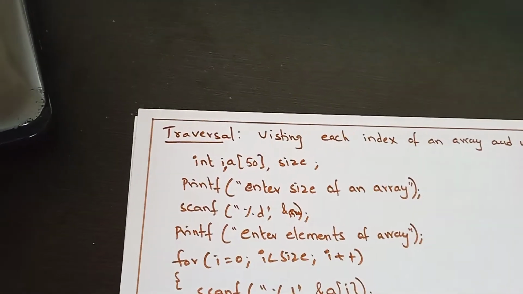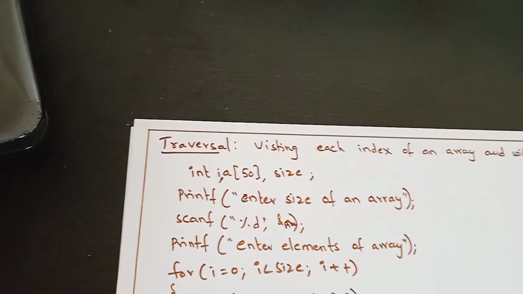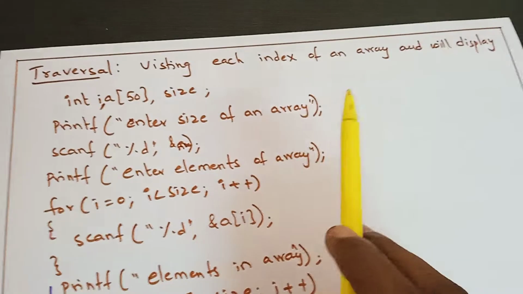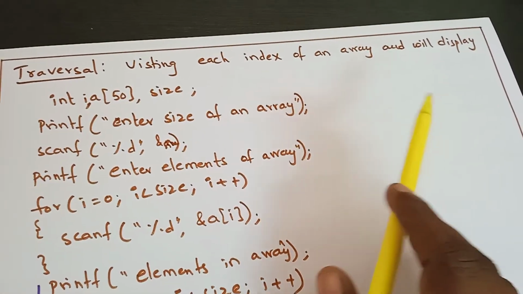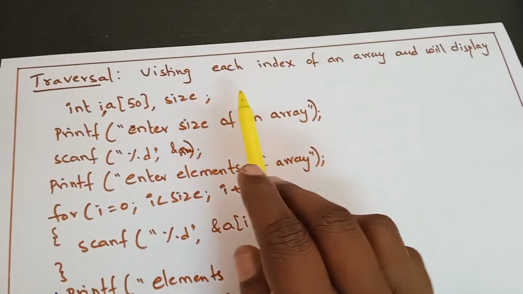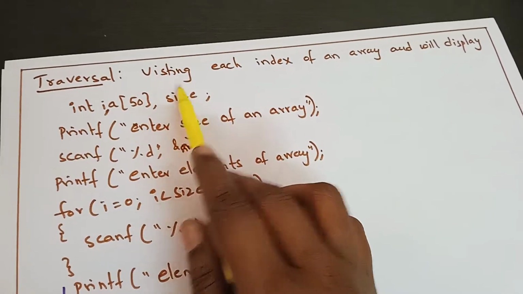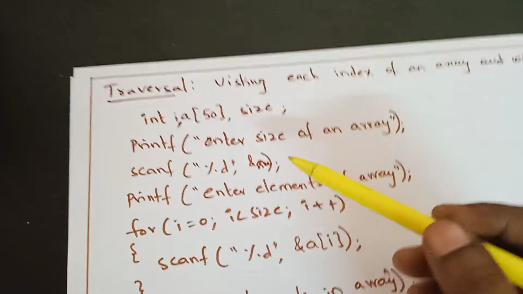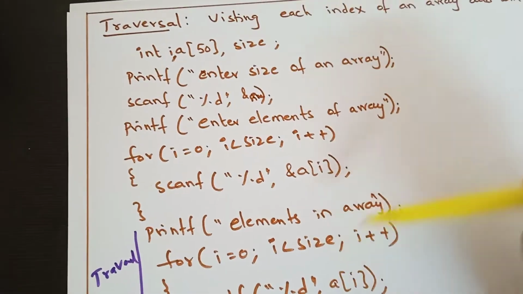What do you mean by traversal? Traversal means visiting each index of an array and displaying it. We'll be visiting or accessing each index of an array and we will display it. Now I'm taking the example of a small program.